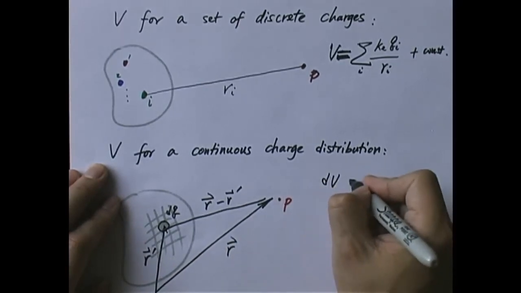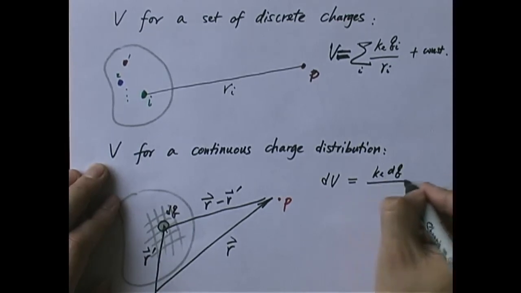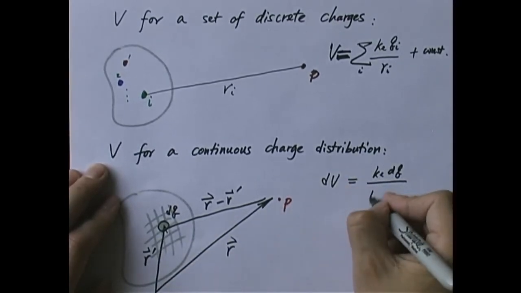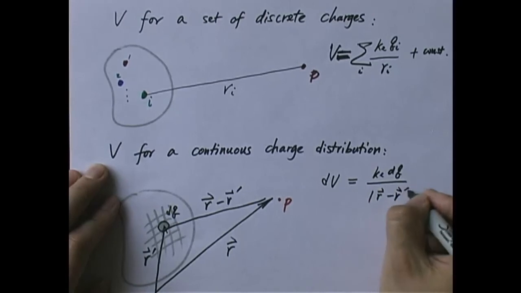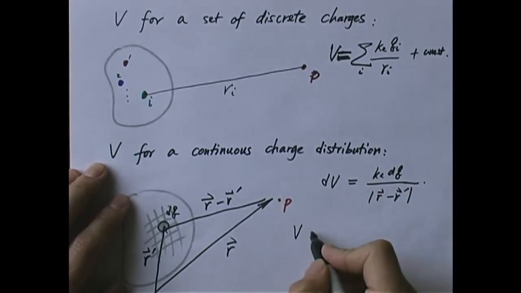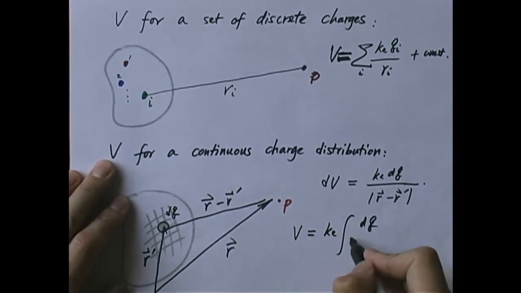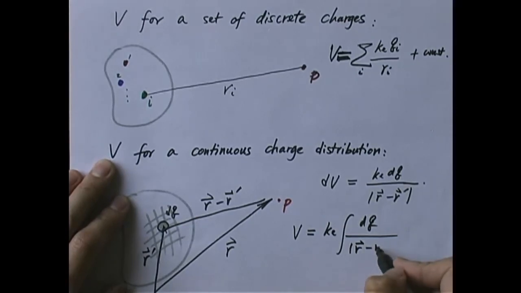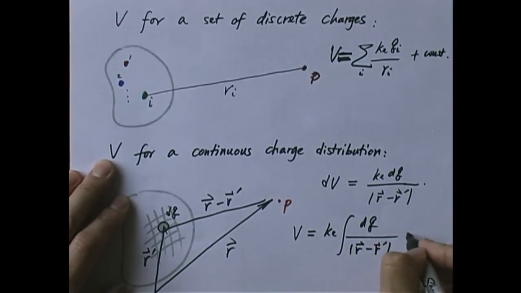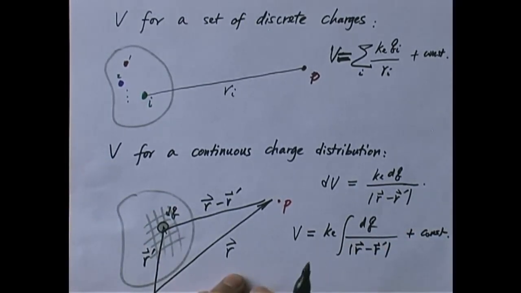That will be dV equals k dq over that distance, which is the absolute value of r minus r prime. Then all I have to do is integrate, so V would be equal to the integral of k dq over the absolute value of r minus r prime, plus a constant. That is how you calculate the potential of a continuous charge distribution.